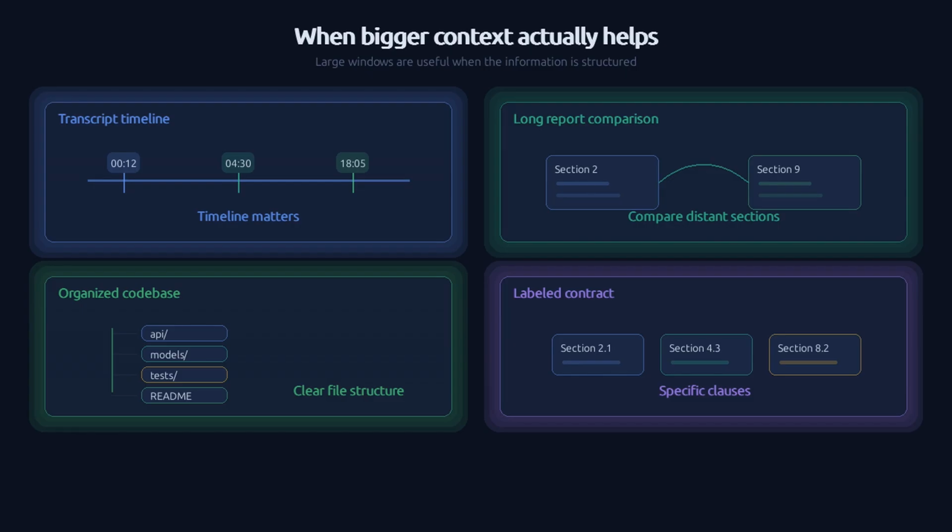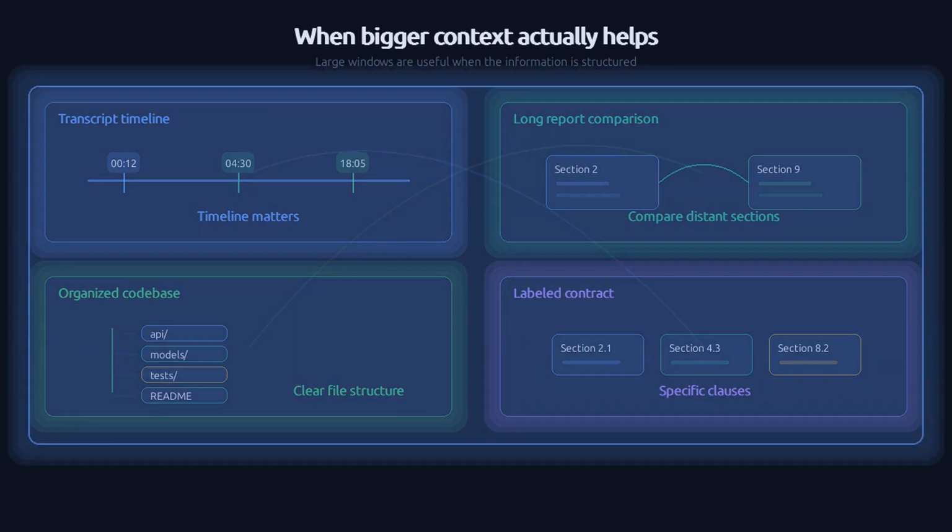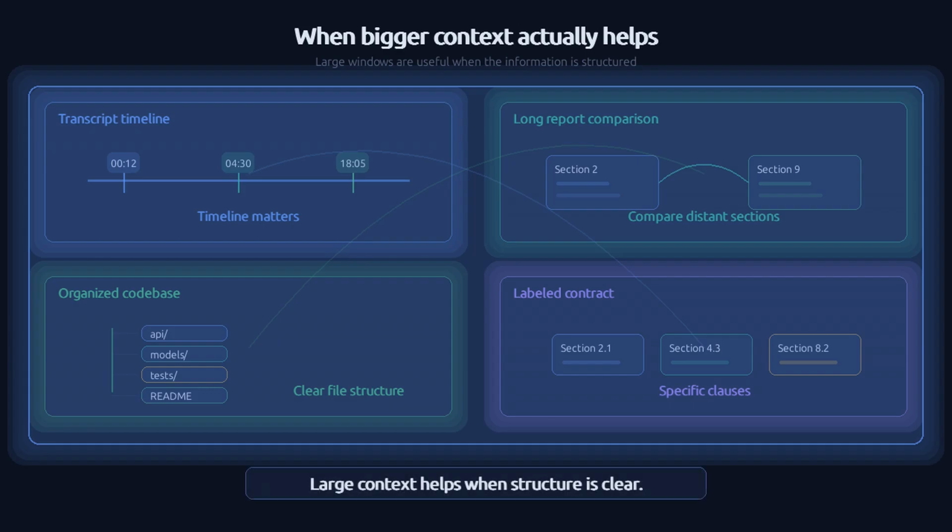Or maybe working with a long document where the relevant information is clearly signaled. In these cases, a bigger context window gives the model room to connect ideas across distance. That can be valuable, but the benefit depends on structure.